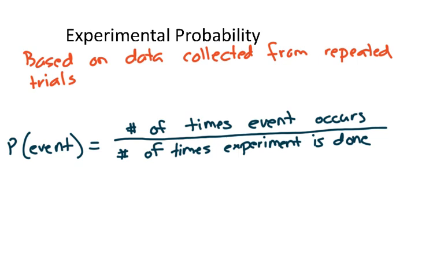So how we find this is the probability of some event happening is the number of times the event occurs divided by the number of times the event is done. So if I'm talking about, for example, rolling an even number, we'll use that on my standard number cube.